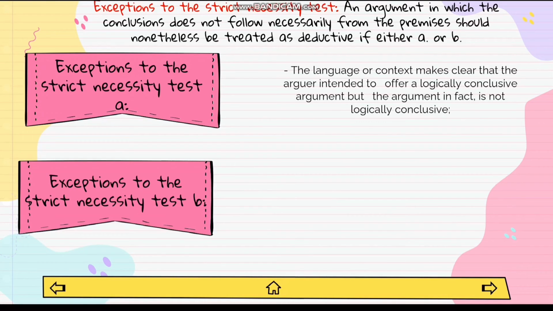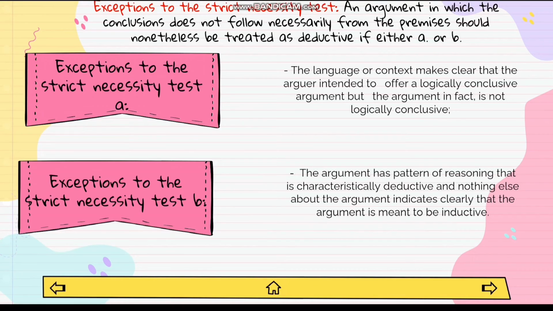Exception B: the argument has a pattern of reasoning that is characteristically deductive and nothing else about the argument indicates clearly that the argument is meant to be inductive.